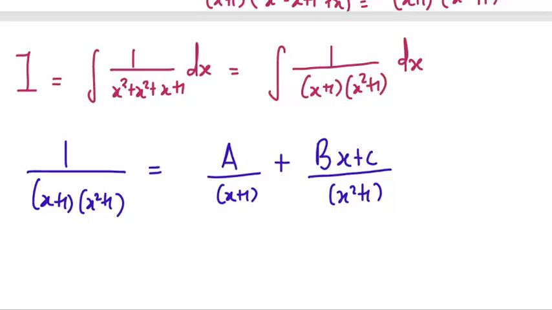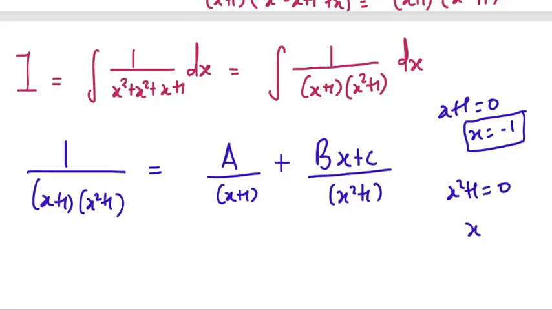Whenever you want to solve for the constant a, we're going to let x plus 1 equals 0, and we see x is equal to negative 1, right? And whenever we want to solve for b and c, they are the next constants, then we're going to let the denominator x squared plus 1 equals 0, of which we know that a solution there is x equals i. We actually know we have plus or minus i, but with one value, we're done, right?